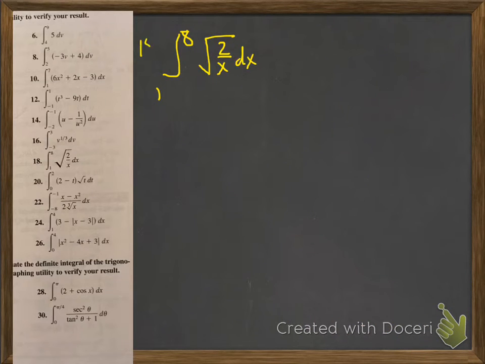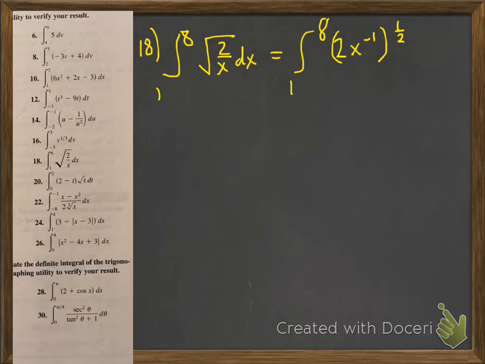For number 18, I'm going to skip down to that. We got to rewrite this before we can integrate. So we want to write this as a polynomial if we can. So that is 2x to the -1 raised to the 1/2.